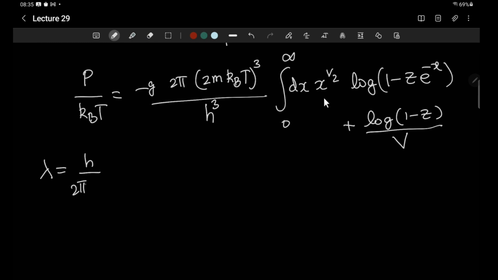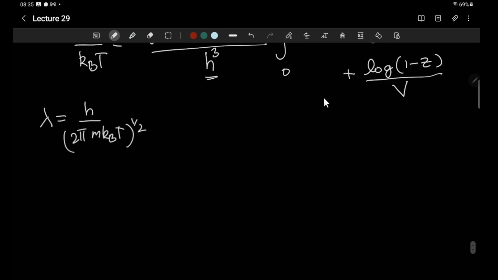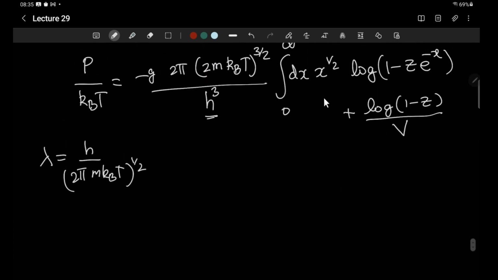Two pi... If you look carefully we can trade this h. In the previous expression, won't it be 2 pi m kBT power 3 by 2? Yeah, thanks. I would have sworn I wrote 3 by 2, but anyway, so you can see that this 2 pi m kBT etc.